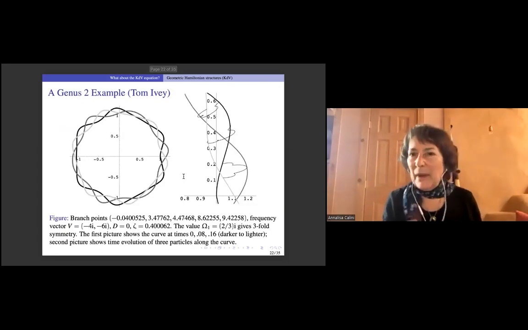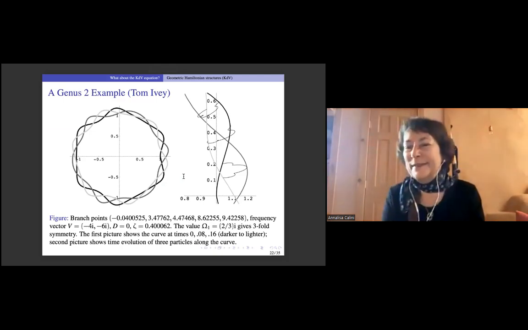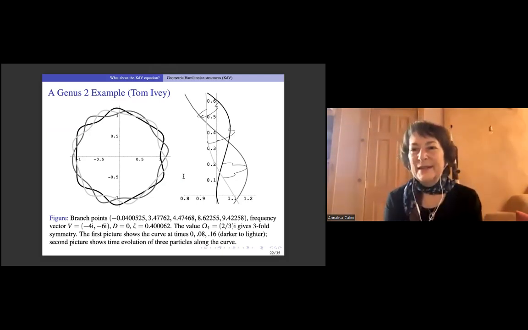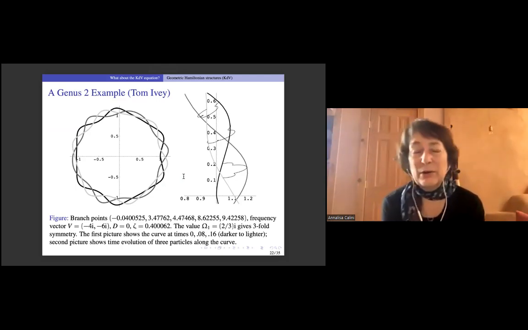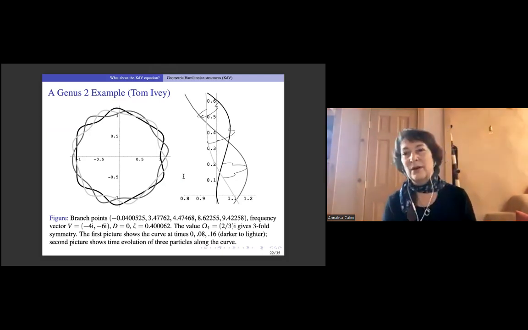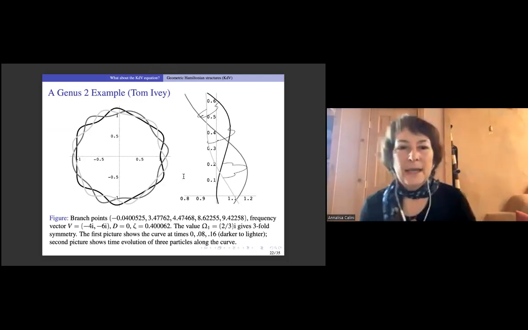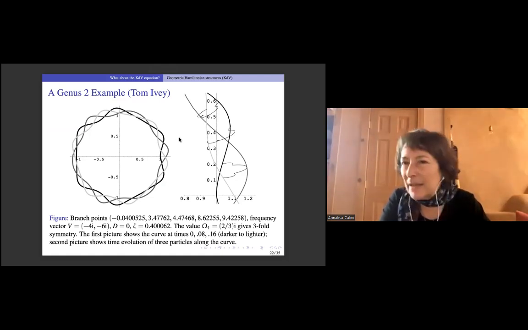All right. By the way, if you are interested in seeing how these curves move in centroaffine space, we have a couple of examples here that Tom Ivey computed. These are quasi-periodic solutions. In fact, they are periodic curves coming from finite gap solutions of the KdV equation. What you notice here are 3 time frames, from dark to light.